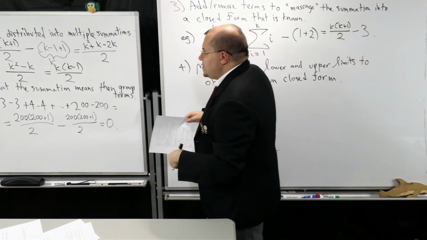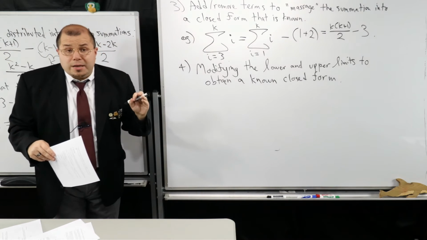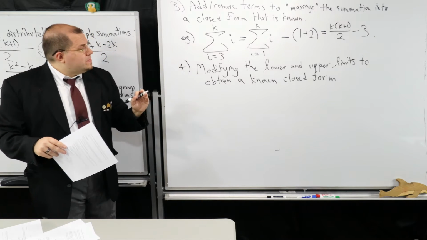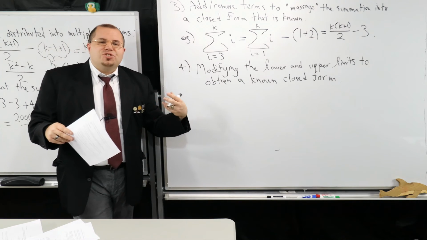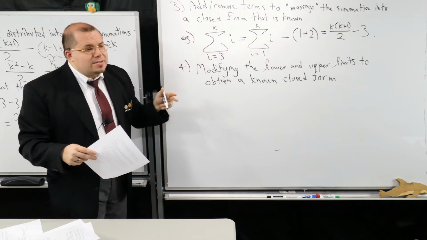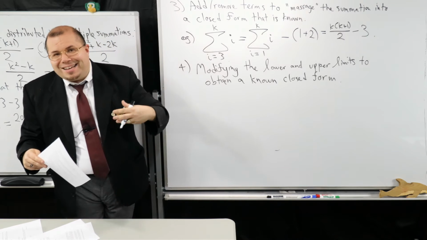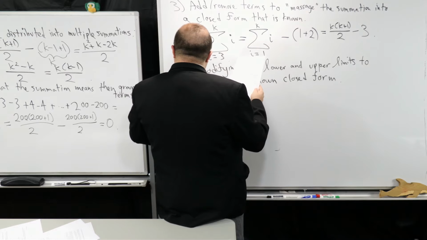Just like in my previous example here, notice I started off with i equal to 3. It'd be nice if that was equal to 1, right? Now, what I would like to do is to be able to change what these upper and lower limits look like so I can manipulate it into the form I would like it to look like. So here I'm going to give you an example.